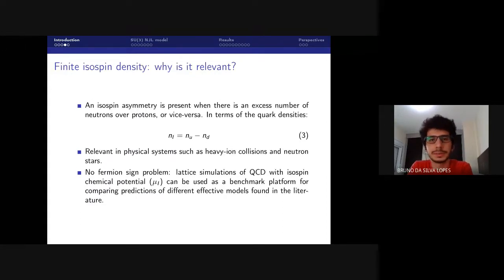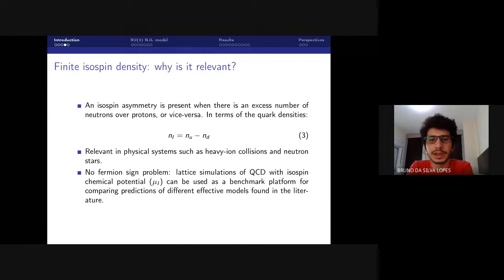And finite isospin density, why is it relevant? So an isospin asymmetry can be present when there's an excess of neutrons over protons or vice versa. And the isospin density is defined in equation 3 in terms of the quark densities.